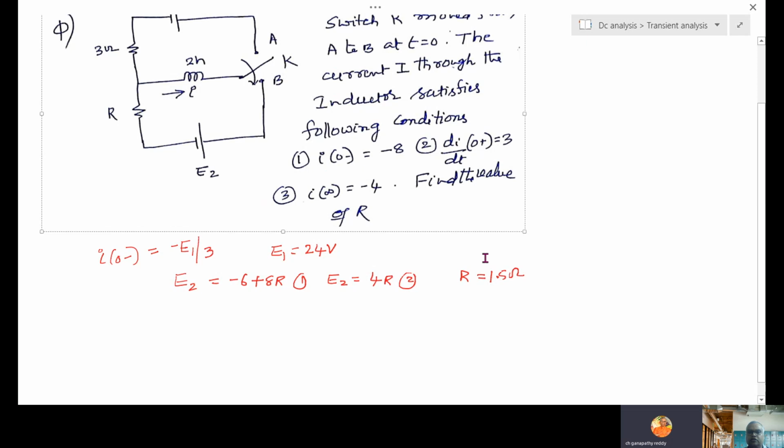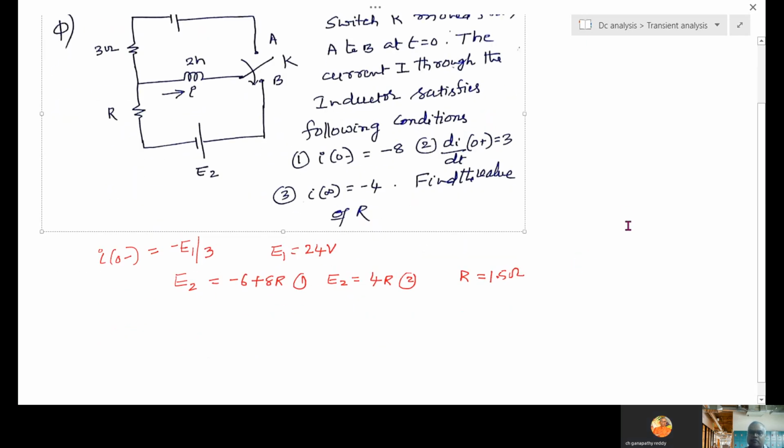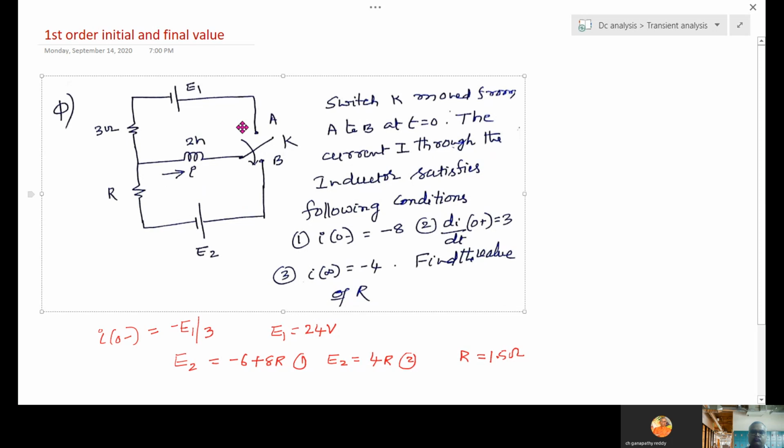This is also a little bit of logic you have to apply. Your switch K moves from A to B at t equal to 0.